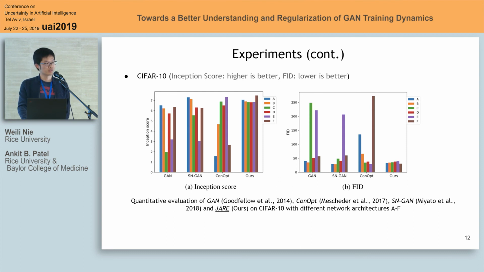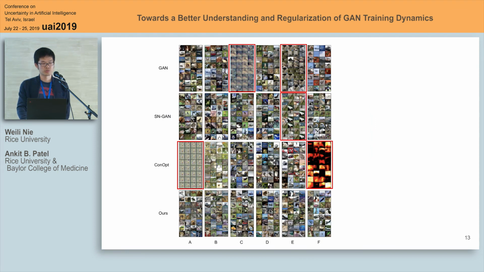We trained these four models with six different network architectures to see the robustness of different GANs, and we found JRAR is more robust than previous methods across these different settings. We also show some generated samples from different GANs across different training settings.